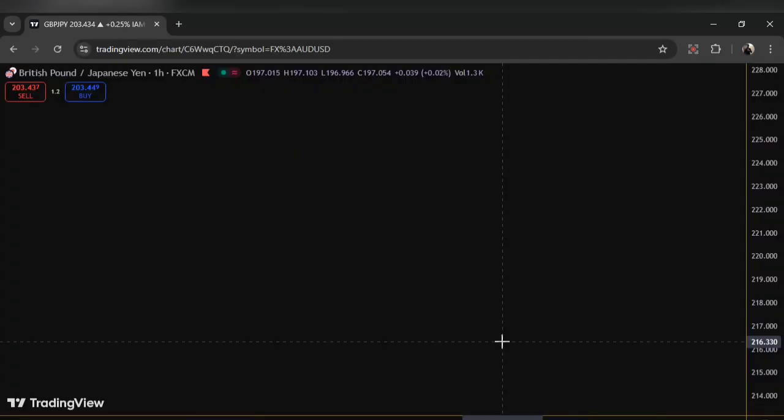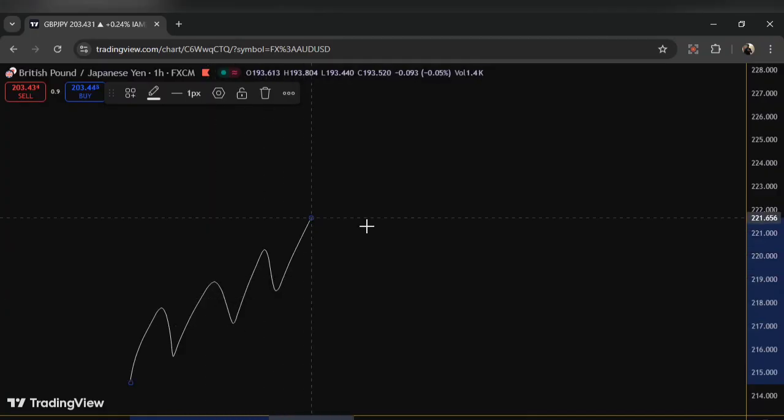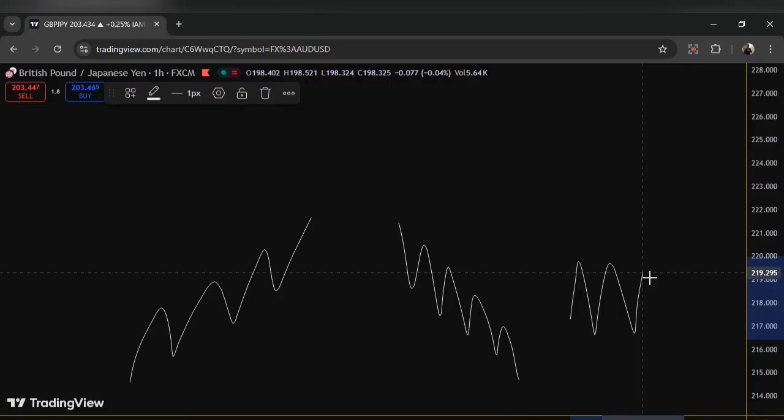Now you need to understand that we have three major market structures in this market: an uptrend, a downtrend, and a sideways market.